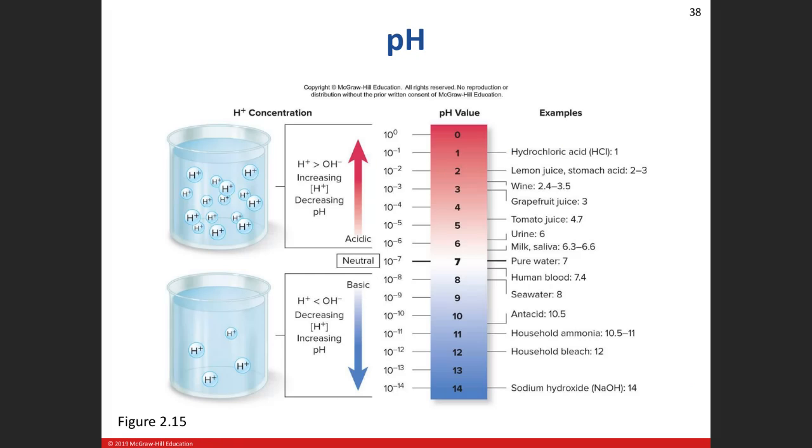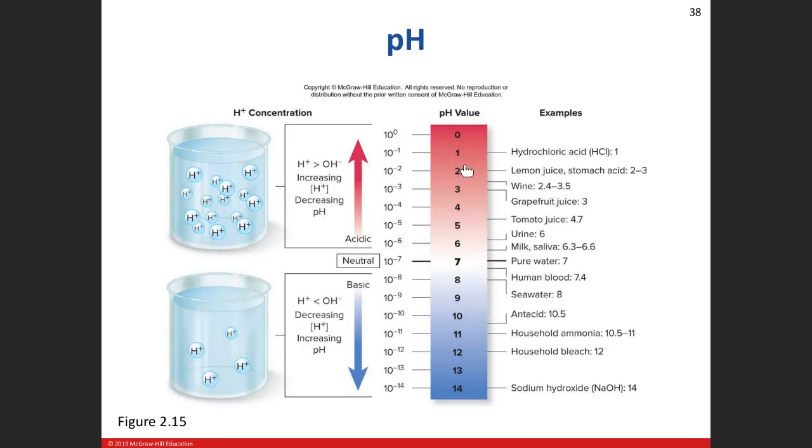Looking here, I love this picture, because it shows us a couple of things. It shows us the hydrogen ion concentration, and it also shows the pH value scale. As you notice, in this beaker we see a lot of hydrogen ions floating around, so it has a high hydrogen ion concentration value there.